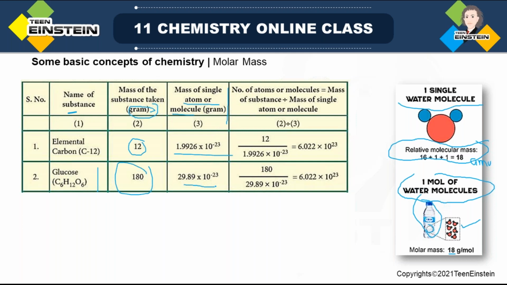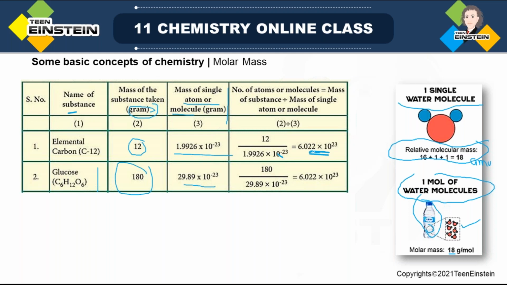Now, if you divide 12 gram by this single atom mass, which is also in gram, obviously you will get the Avogadro number. As if we are doing the reverse calculation. Normally we divide 12 by Avogadro number, then you get the mass of a single atom.